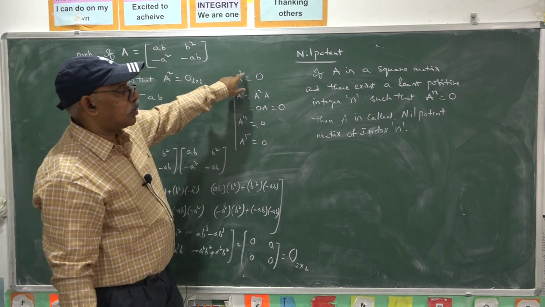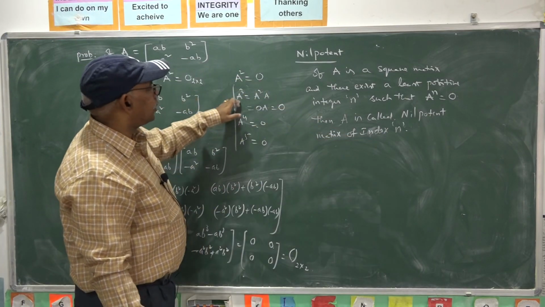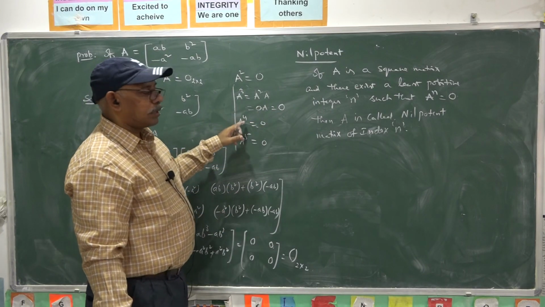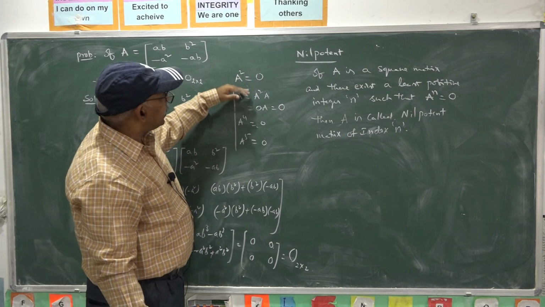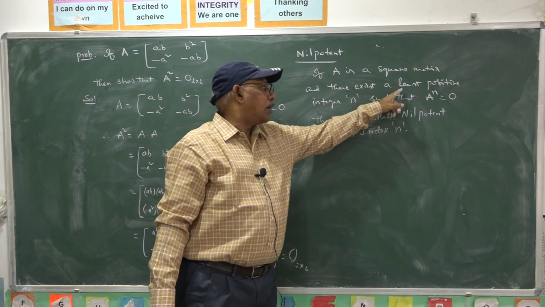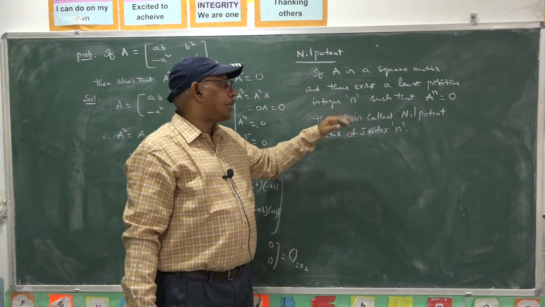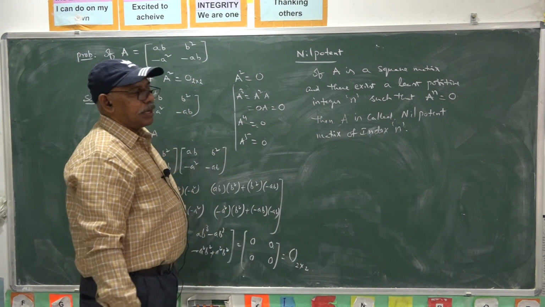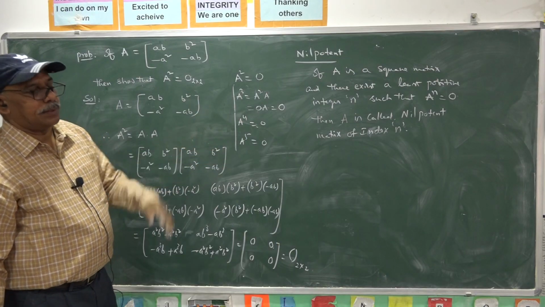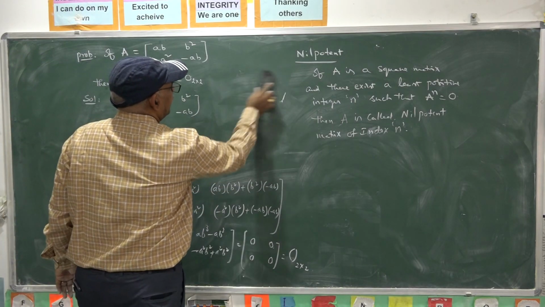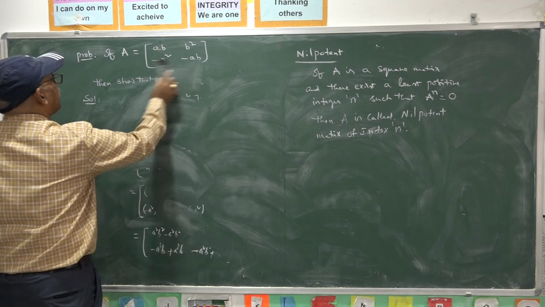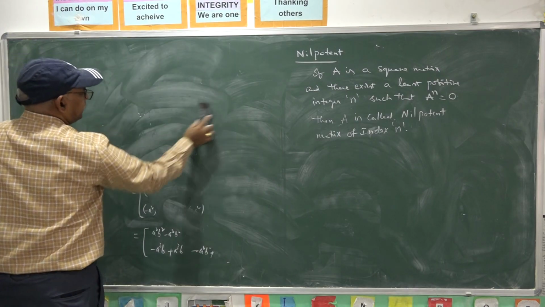That is called index. Of course, here A cube is also a null matrix and A power 4 also a null matrix, but you cannot take index as 4 here. Out of these powers, you have to consider the least one. That's why I am taking the least positive integer n, such that A power n equal to 0. Then A is said to be a nilpotent matrix of index n. The higher powers may be zeros, but you have to consider the least power as index.